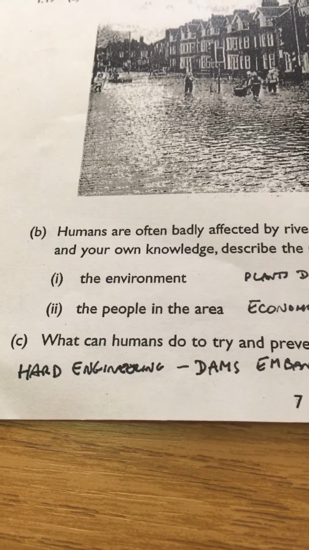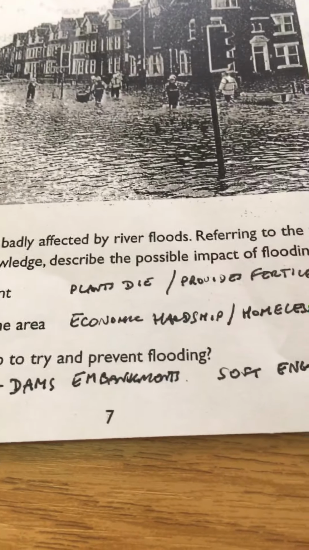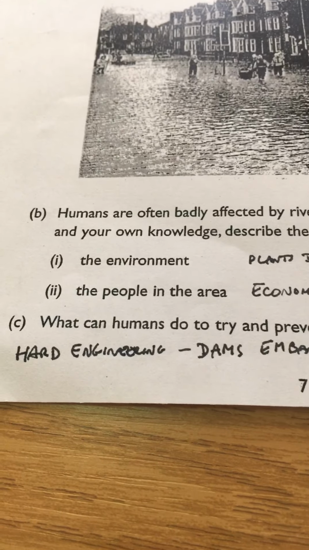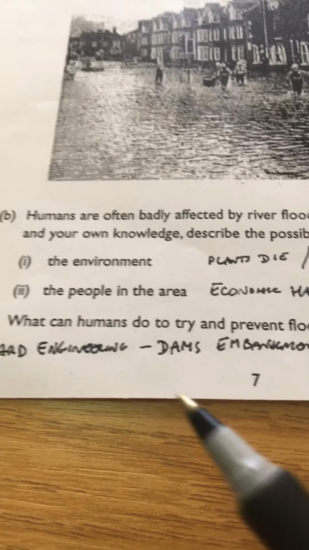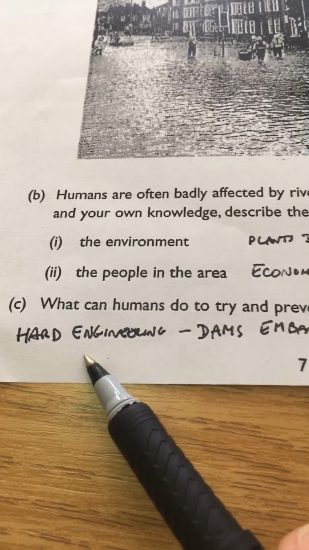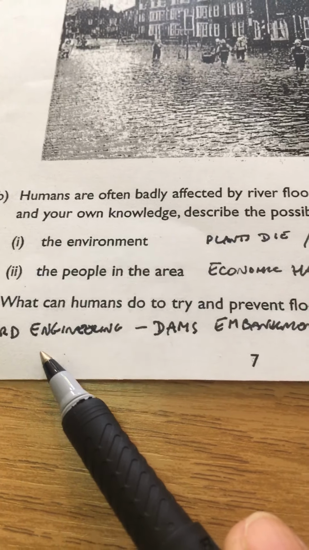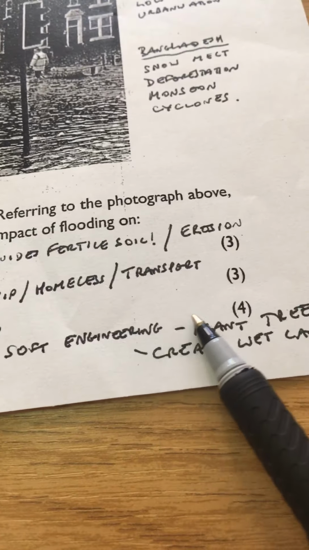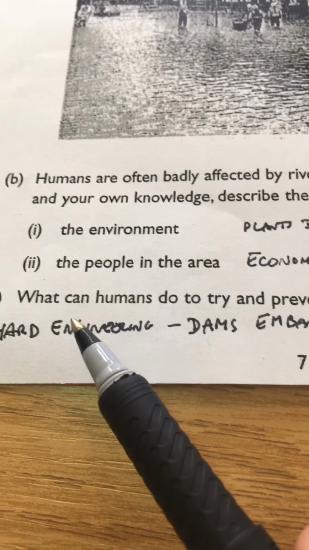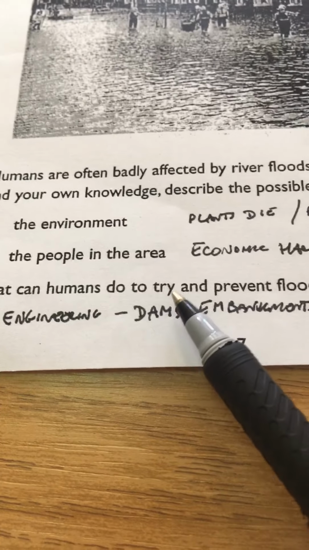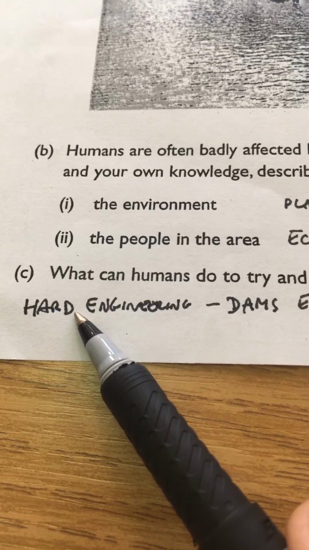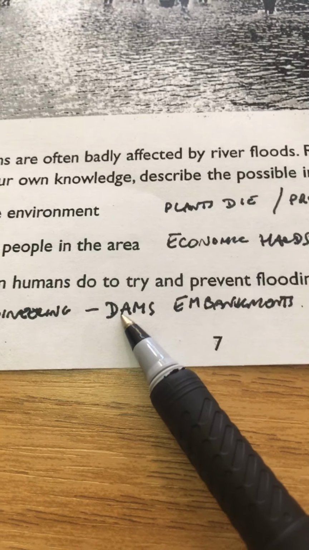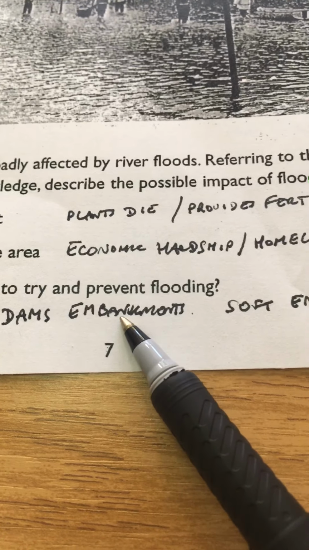Right, okay, and on to the final bit here. What can humans do to prevent flooding? Well, for a clever answer, what you do is you divide it into two. You have hard engineering, which is like making things, and soft engineering. So you divide this answer because it's a 4 marker, so it's a bit of a bigger answer here. So to do a good technique on this, you say, well, in hard engineering, we can build dams and embankments, for example.